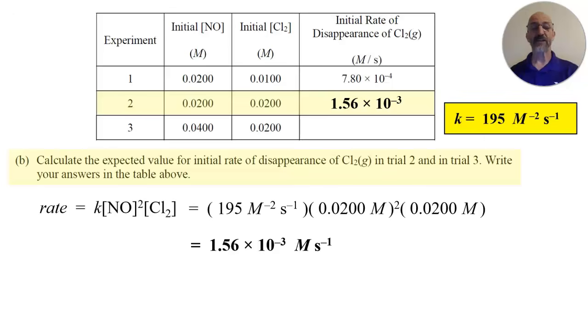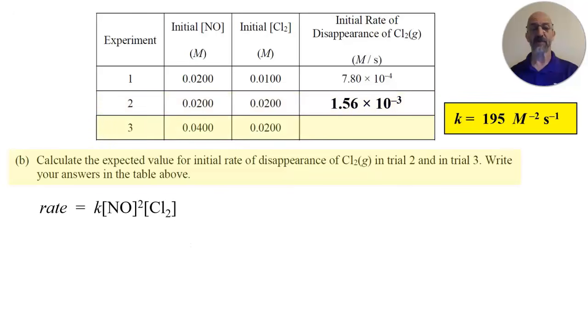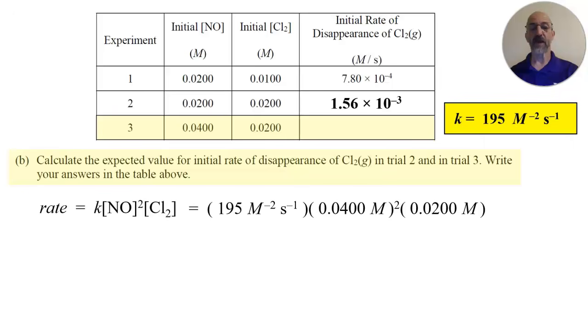So in a similar fashion, when I move down to row 3 of this table, experiment 3, there's my rate constant again, 195, and my units are molarity to the negative 2 times second to the negative 1. I plugged in 0.0400 molar for my concentration of nitrogen monoxide, and that value is squared, times the initial concentration of chlorine, 0.0200 molar.